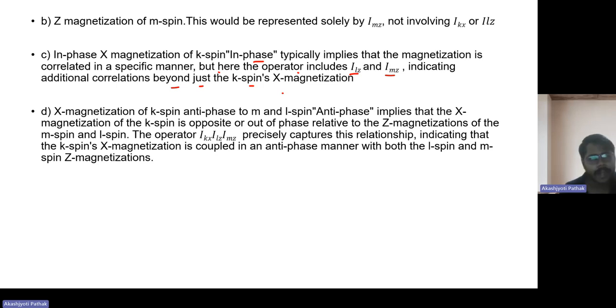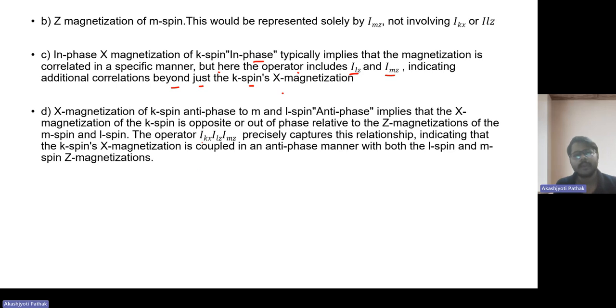And now option D, X magnetization of K spin antiphase to M and I spin. Antiphase implies that the X magnetization of the K spin is opposite, or out of phase, relative to the Z magnetizations of the M spin and I spin.